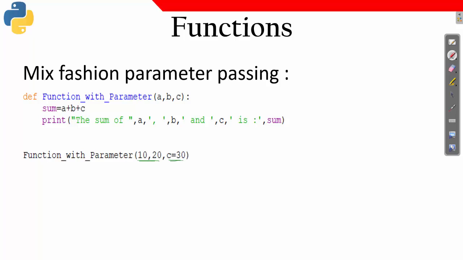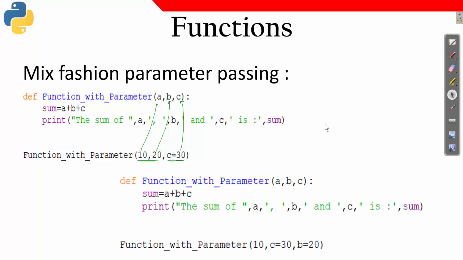Now you can see this value of C I have specifically mentioned to be 30. So the value 10 will go to A and this 20 will go to B.